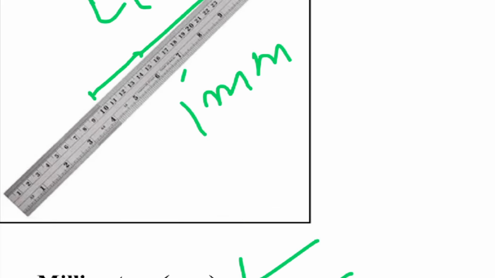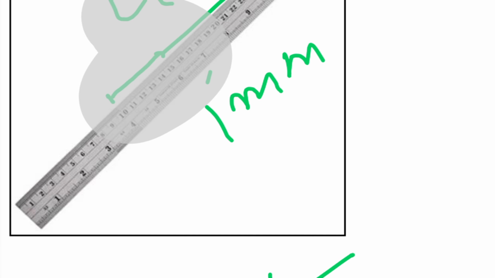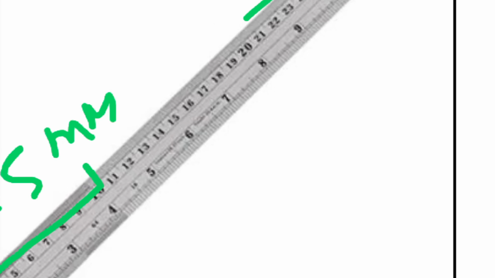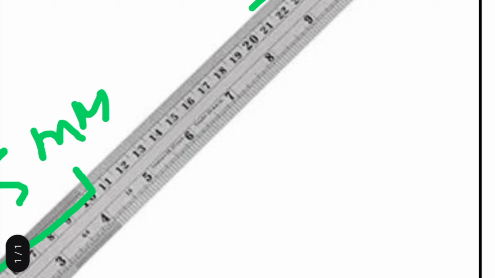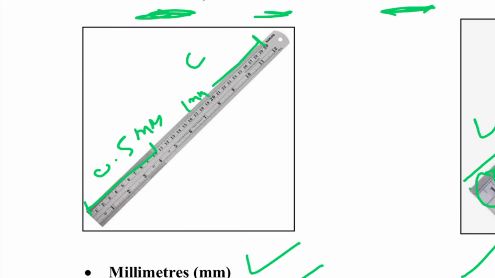And we can also measure 0.5 mm using this up to 10 mm, 10 centimeter, okay? And on the upper side we can use 1 mm, okay? 1 mm we can measure easily, okay?